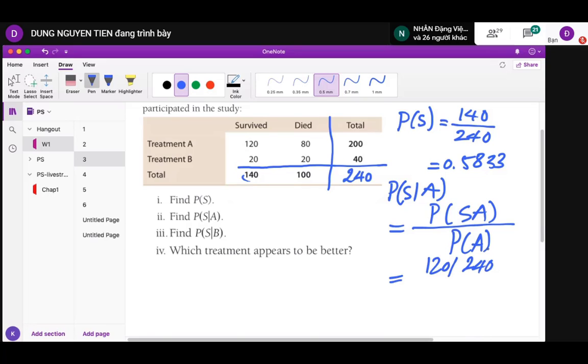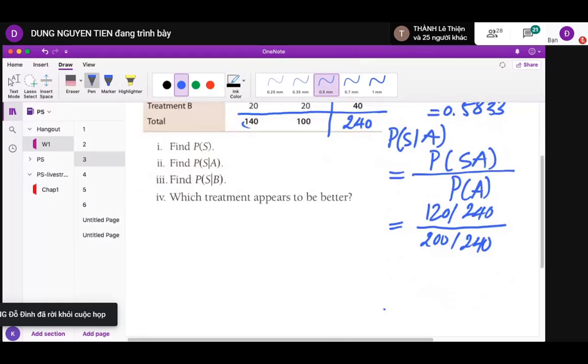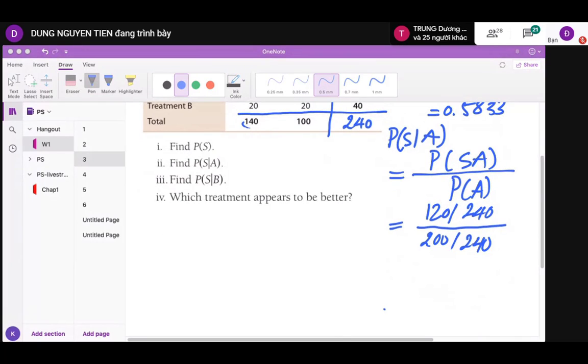The size of the sample space is still 240. It is fixed. The probability of A is equal to 200 divided by 240. And you get 0.5. Sorry, no, it should be 0.6.